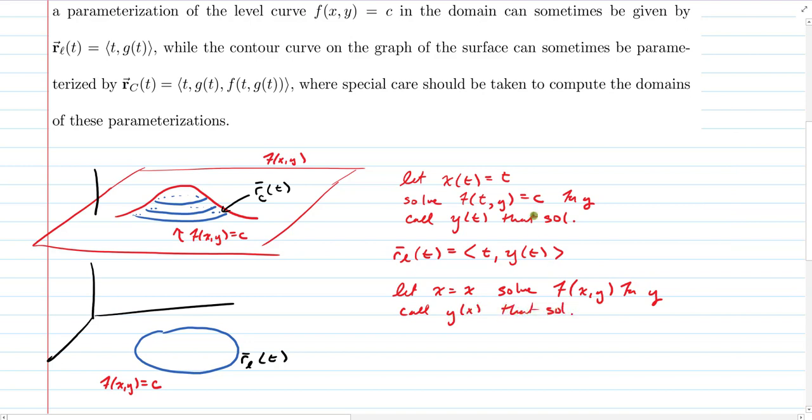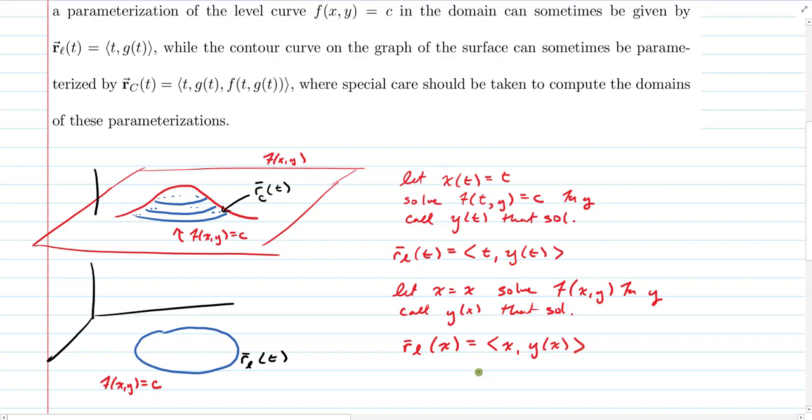There's nothing new, we don't get anything by introducing t into this, so let's just keep everything in terms of y and x. So that means we would describe the parameterization of that level curve as a function of just that first variable x, and we would write it as x comma y sub x.